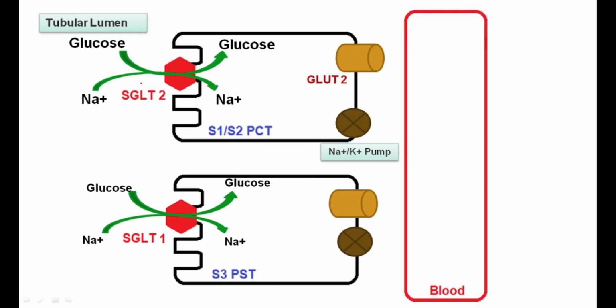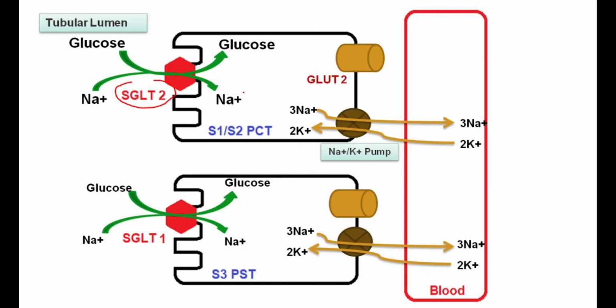Glucose and sodium enter through the SGLT2 transporter, so they are reabsorbed. After reabsorption, they use GLUT and enter into the circulation.